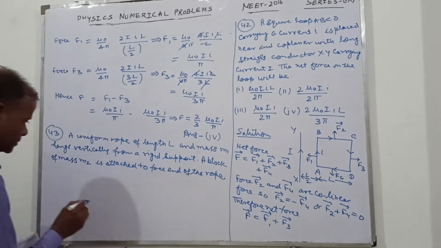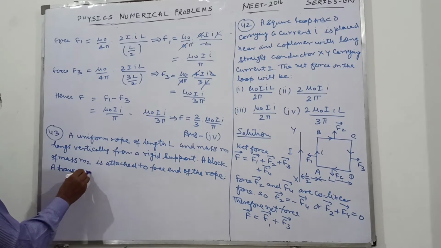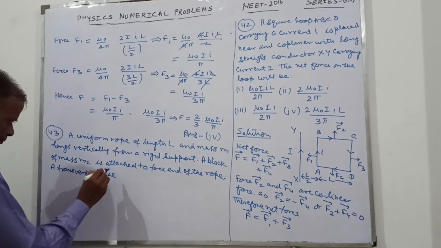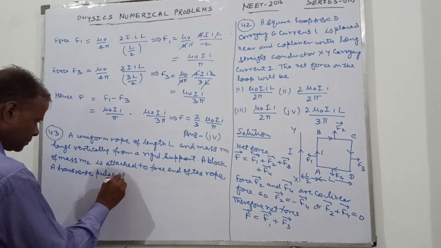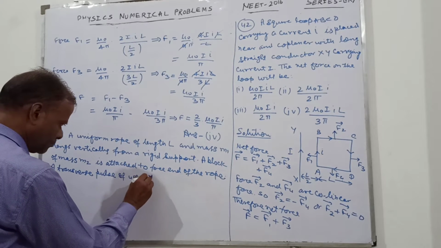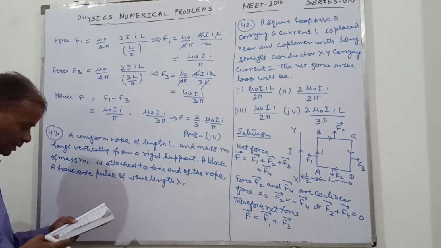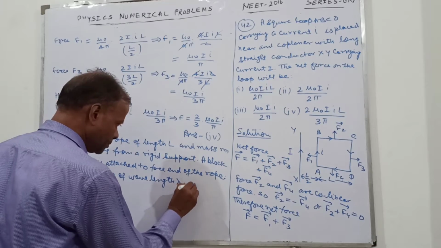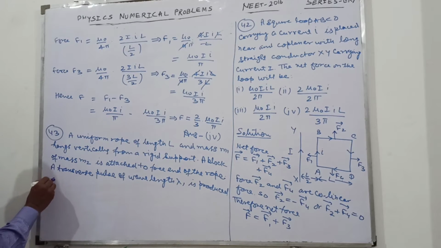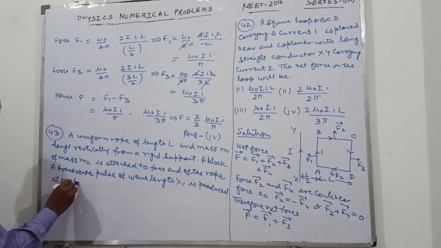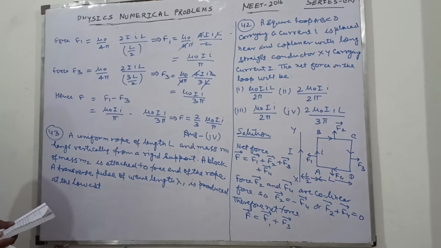A transverse pulse of wavelength lambda 1 is produced at the lowest end of the rope.